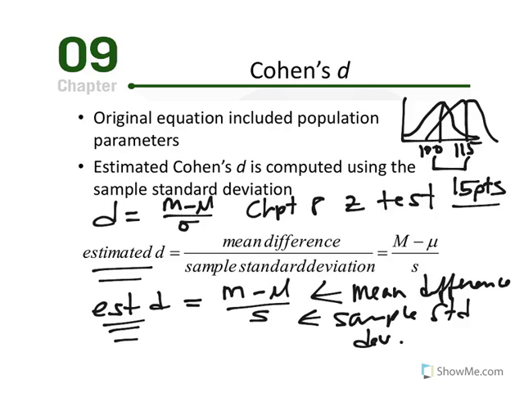But the supporting statistics will help us determine: was our sample size so large that it made us believe there was a treatment effect when there really wasn't, or vice versa? The sample size was so small that it didn't detect the true effect, and we failed to reject the null hypothesis. So again, the measures of effect size are very important as supporting evidence to bolster the conclusions that you have drawn.